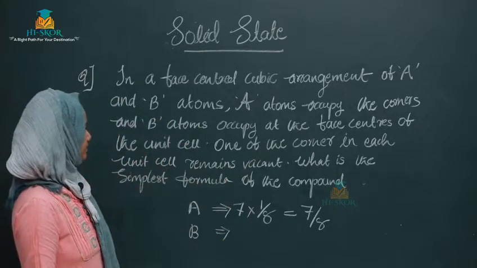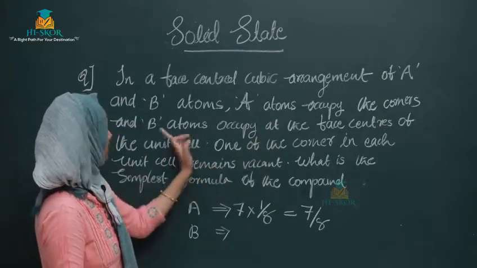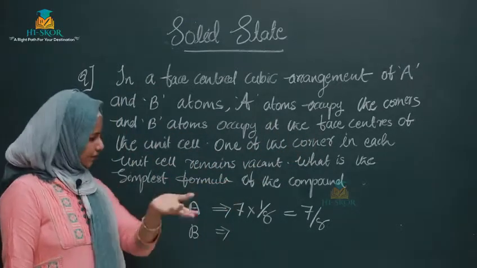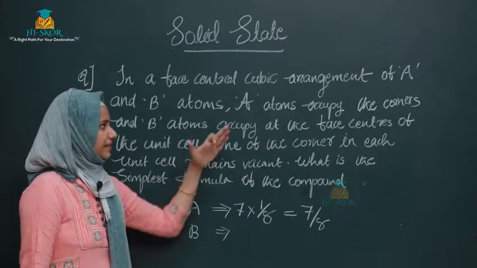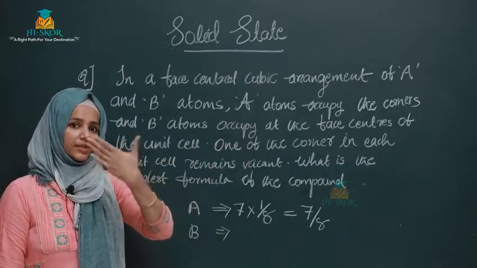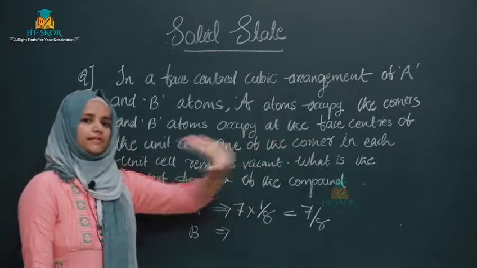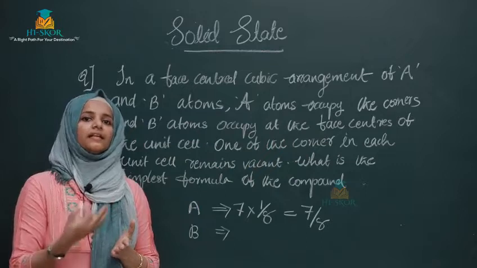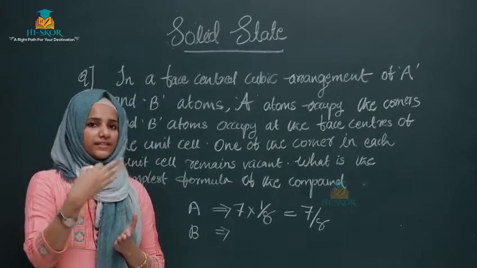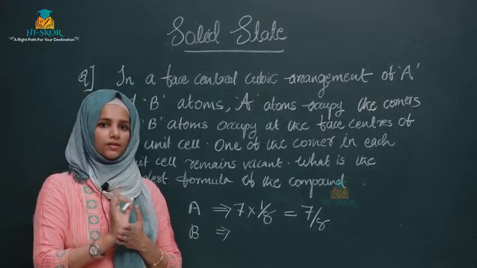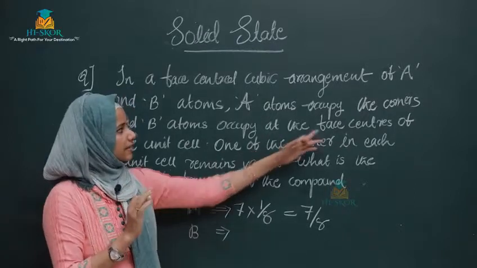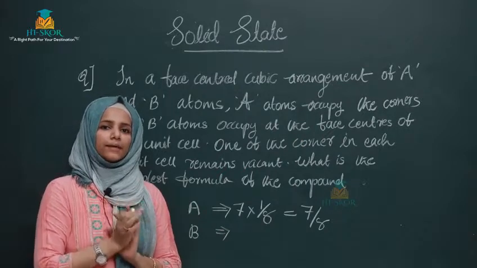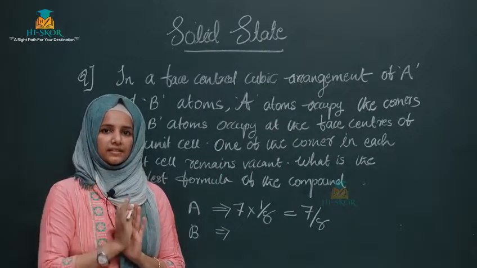B atoms are present at the face centers. Yes, B atoms occupy the face centers of the unit cell. In FCC, face-centered cubic, face centers are present. So particles are present at each face center.